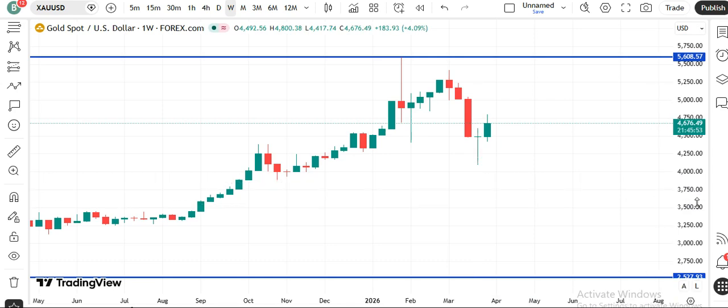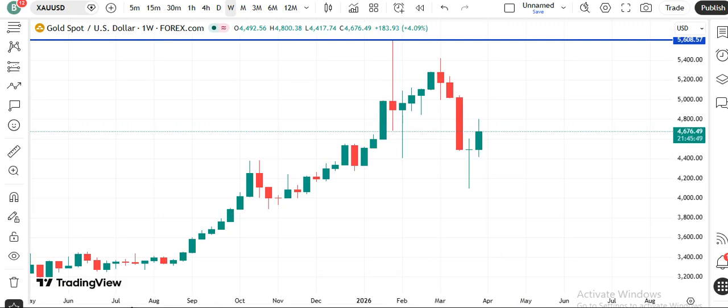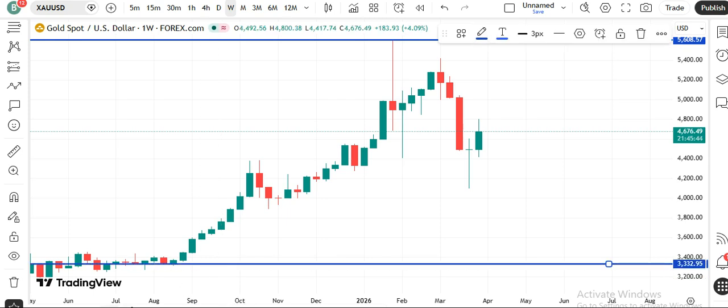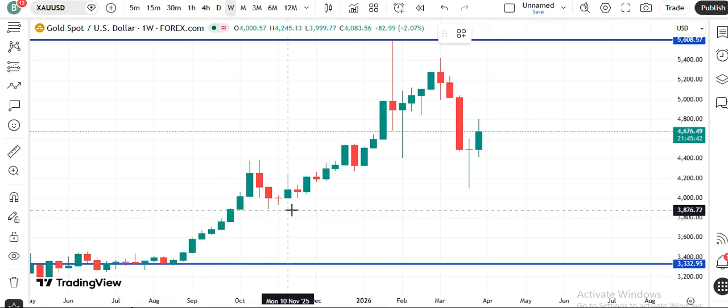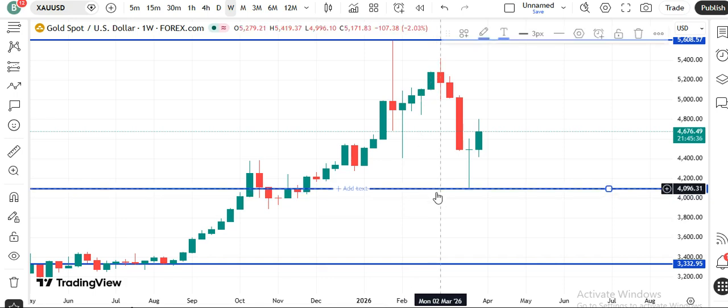So this is now XAUUSD on the weekly time frame. Let's identify some weekly key levels, some weekly highs and lows. We have a weekly low here, another weekly low somewhere here. Let me see if I should adjust this to cater for this. Okay, that's not bad.